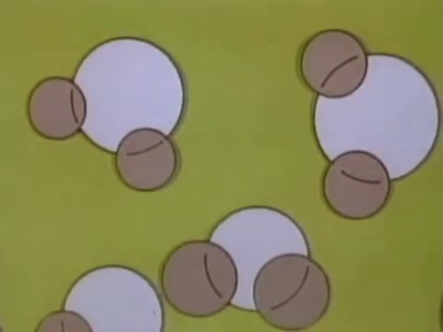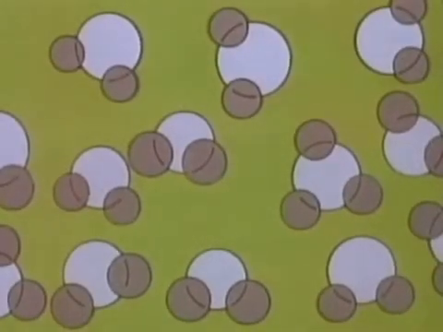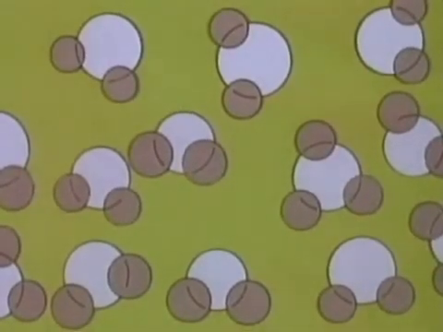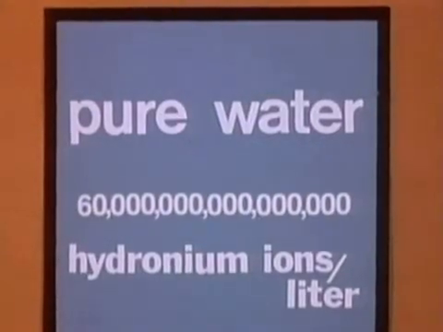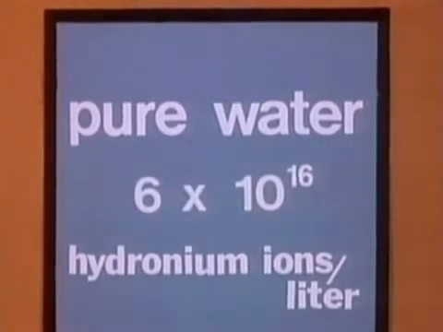There's a mathematical way of describing the acidity of a solution by indicating how many hydronium ions are present in 1 liter. This is about how many hydronium ions there are in 1 liter of pure water. Exponents make the number easier to deal with.